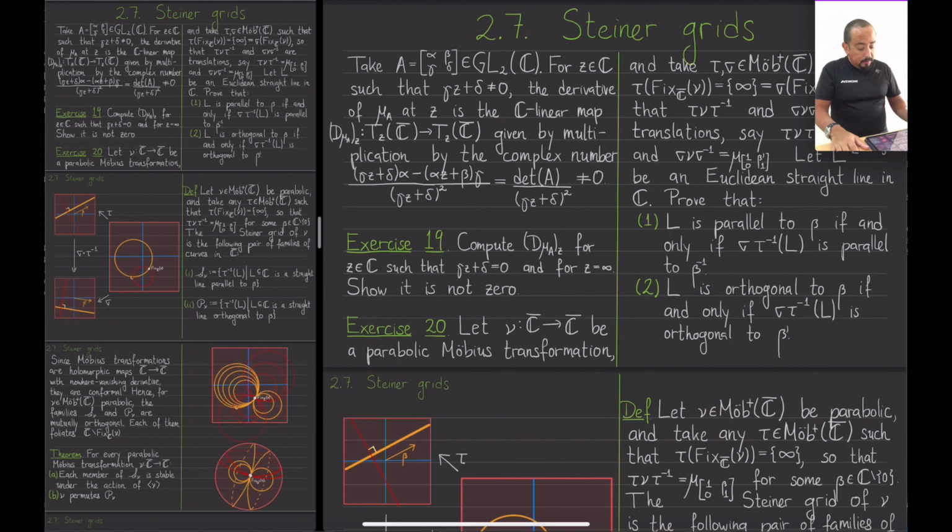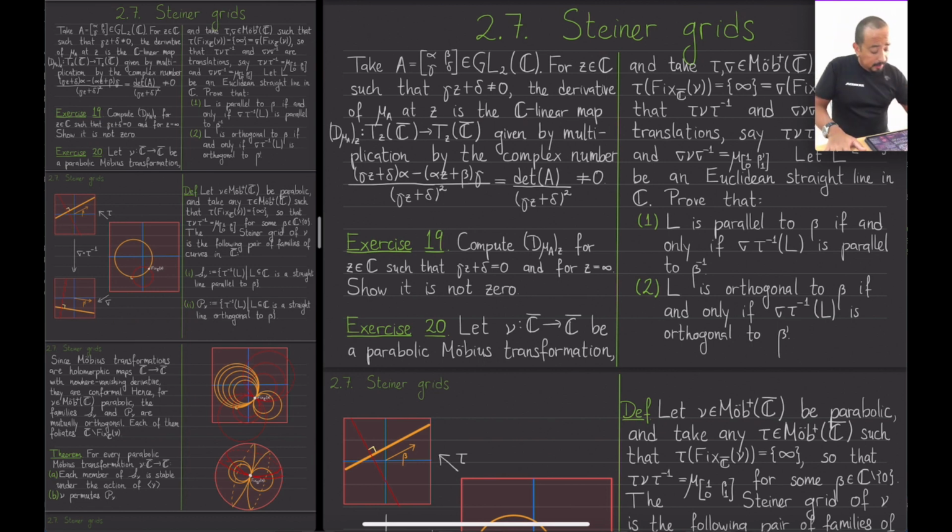Okay, now another exercise. Suppose that I have a parabolic Möbius transformation. As we have seen, if it's parabolic, that is, by definition, it has exactly one fixed point, then it is conjugate in Möb+(C bar) to a translation, and hence to any translation, because we've seen that all translations are conjugate in Möb+(C bar).